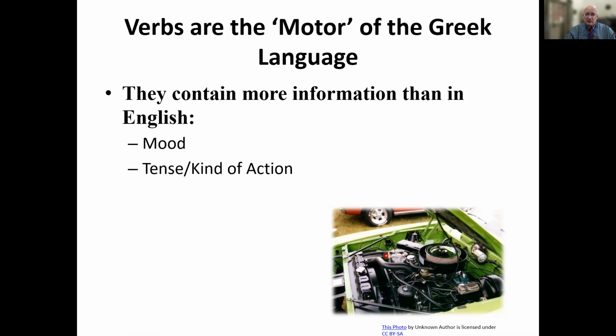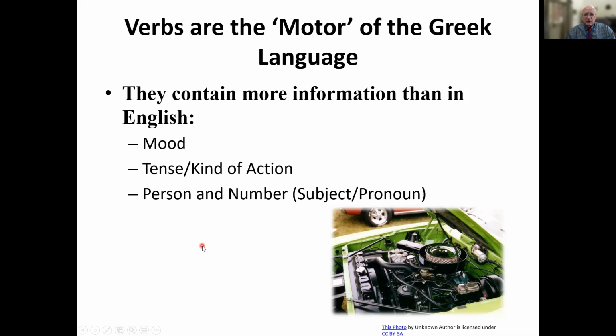Augment is in the indicative mood. We had it in chapter 12, elusa, I loosed. But lusai, the aorist infinitive, to loose, is translated into English with the same words, to loose, as the present infinitive.